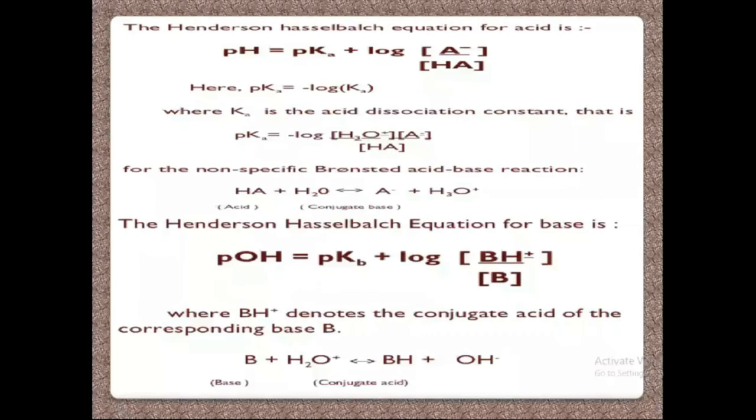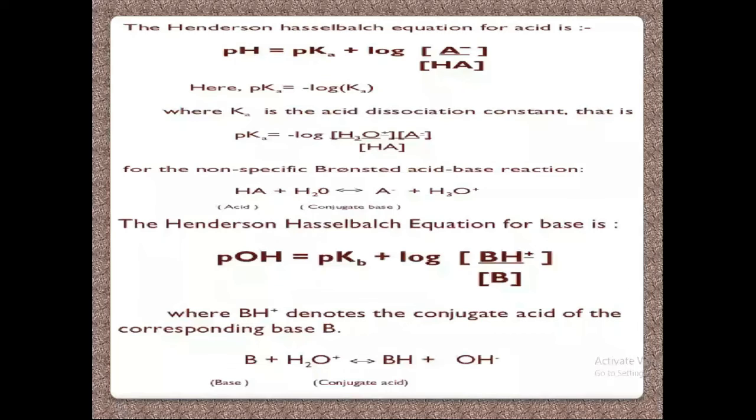Estimating blood pH: for estimating blood pH, this Henderson equation is used. A modified version of the Henderson-Hasselbalch equation can be used to relate the pH of blood to constituents of the bicarbonate buffer system, because the bicarbonate buffer system is there in our blood.